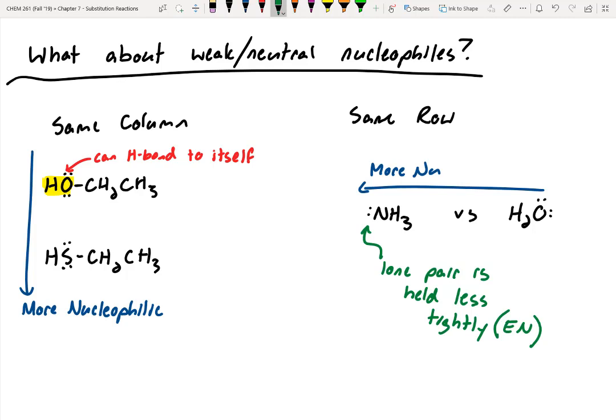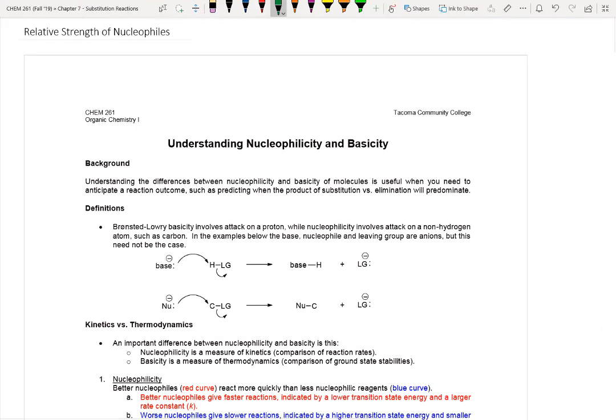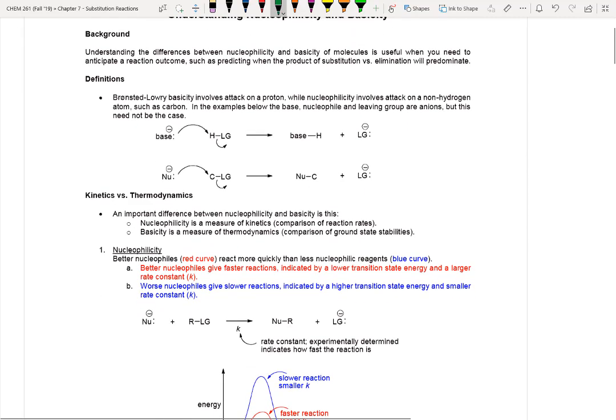All right, so now let's go back to that handout that I gave you. Relative strengths of nucleophiles and talking about solvent and basicity. This kind of takes this super complicated topic and smashes it together into one common thing. So like we said, we can correlate the strength of nucleophiles to basicity, but they're really not the same thing all the time.